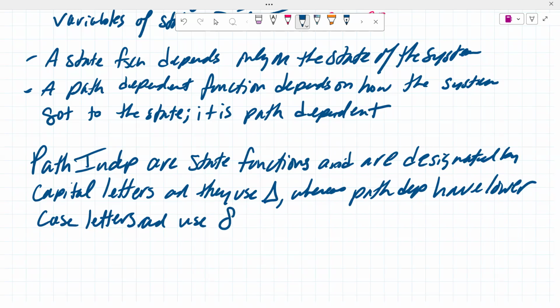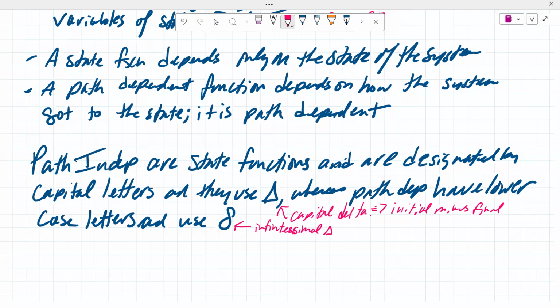Okay, so what we mean here is this is capital delta, final minus initial. And this is for infinitesimal changes as you go along.